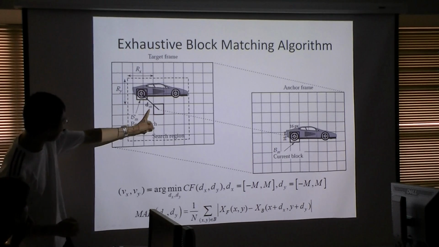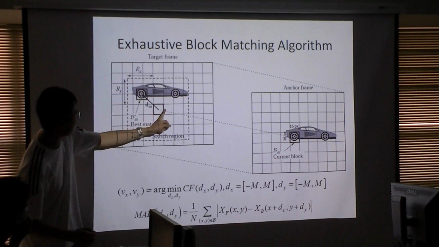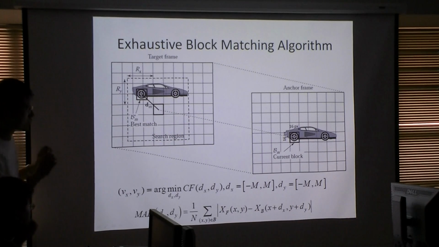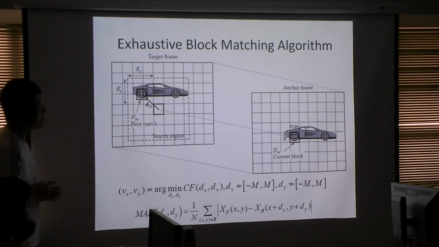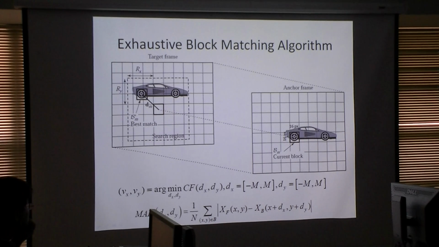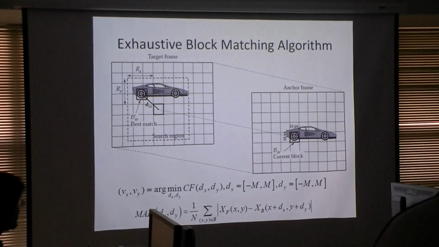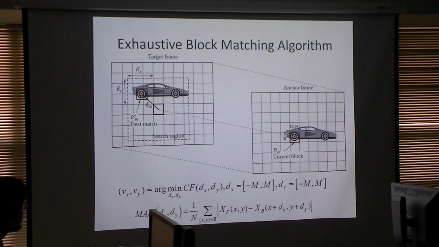In this case, maybe -3 and +3. It's 3 times the block size, not 3 pixels. Any questions? So we call this the exhaustive block matching algorithm.